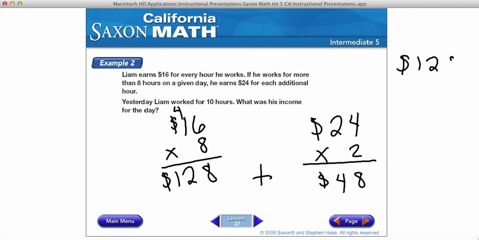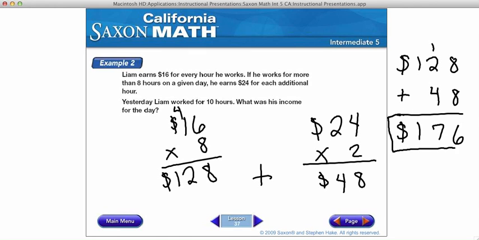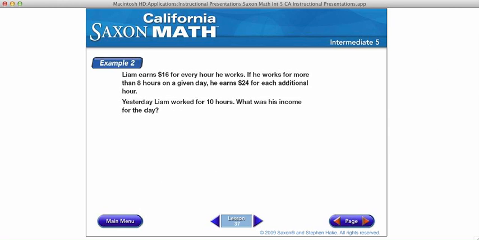So $128 for the first 8 hours plus $48 for the last 2 hours is $176 altogether. So I first had to figure out how much he earned with his normal rate in the first 8 hours, find out how much he earned with his overtime rate for the last 2 hours, and then add those two products together. All right, let's look at example 3.